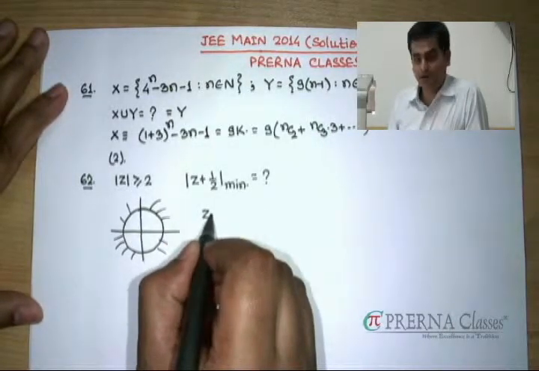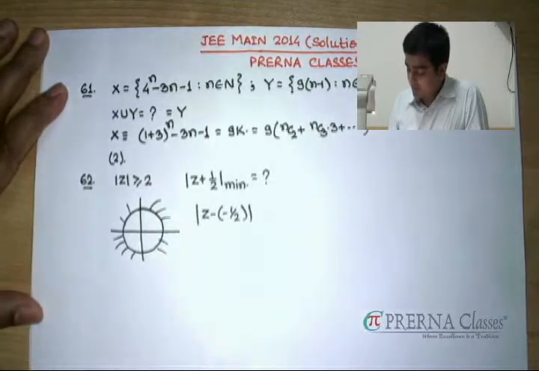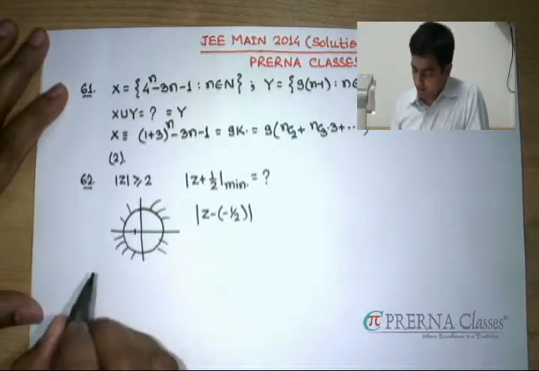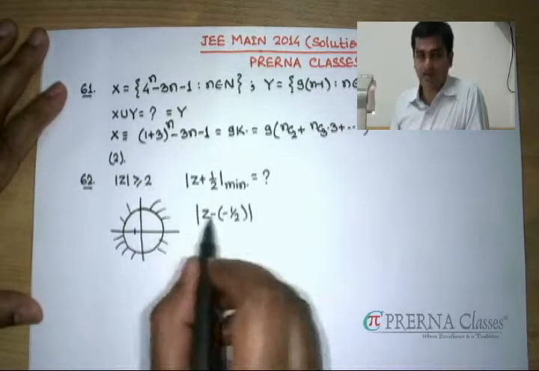And mod of Z plus half, you can clearly consider it as the distance of that Z from the minus half point, which is clearly lying inside this circle somewhere on the x-axis.